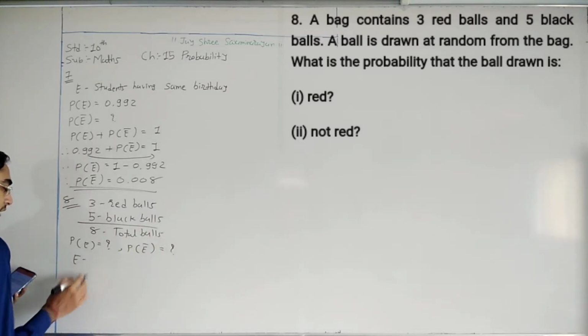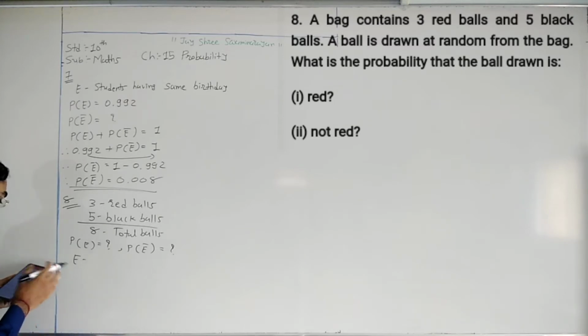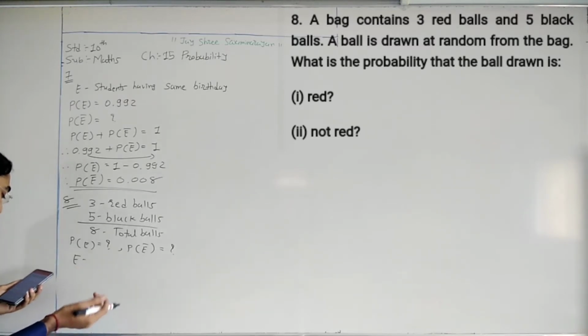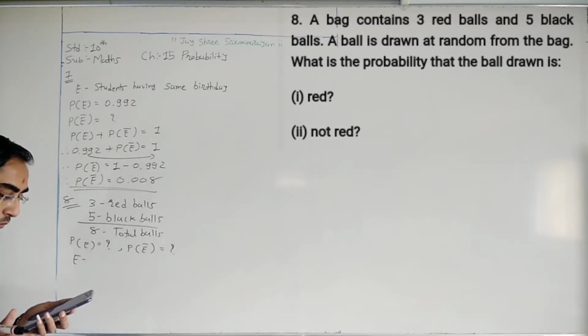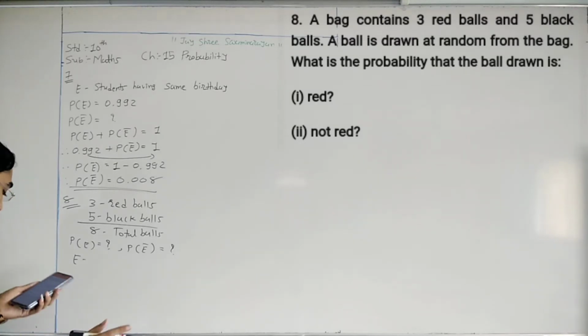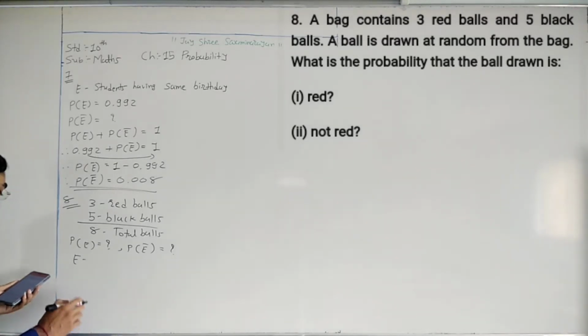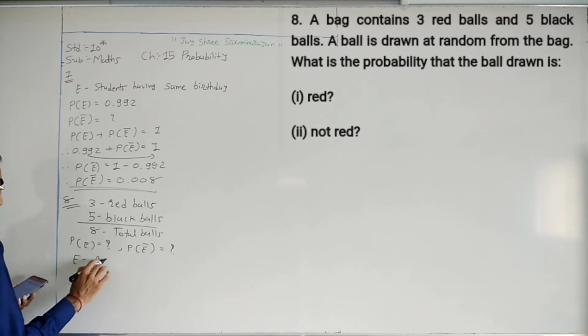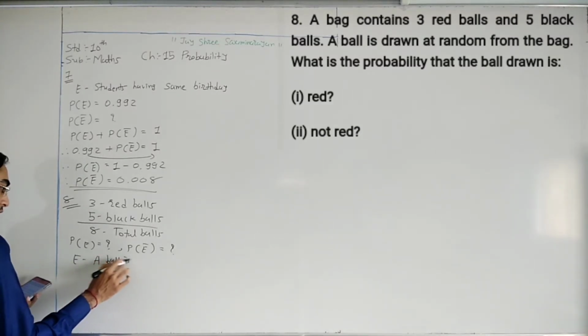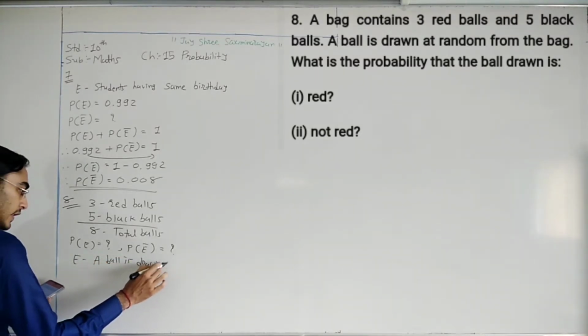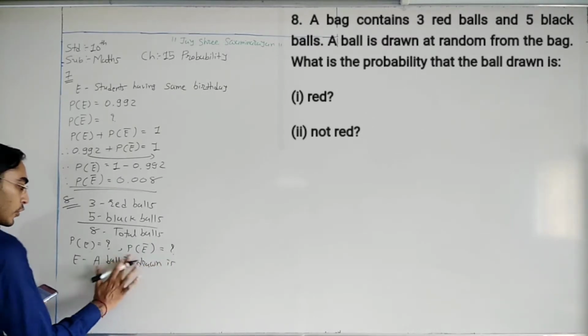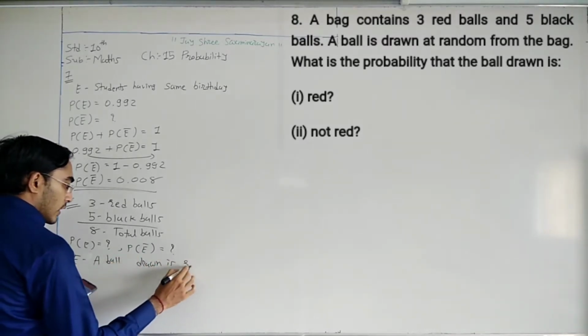And here our E is drawing of red balls, right? Because here we need to find the probability for red balls. So event E: a ball drawn is a red ball.